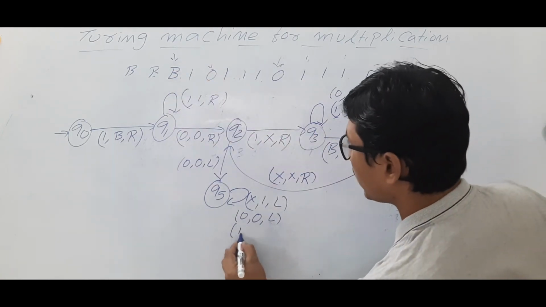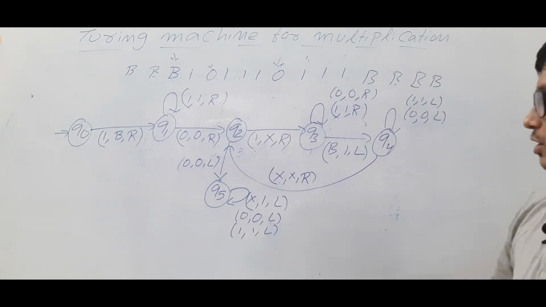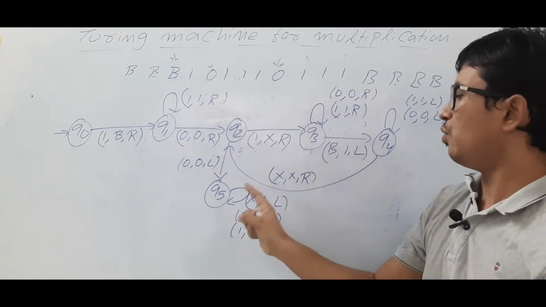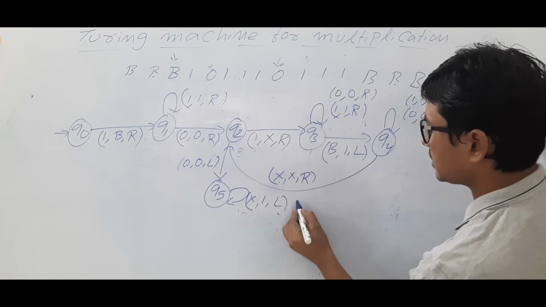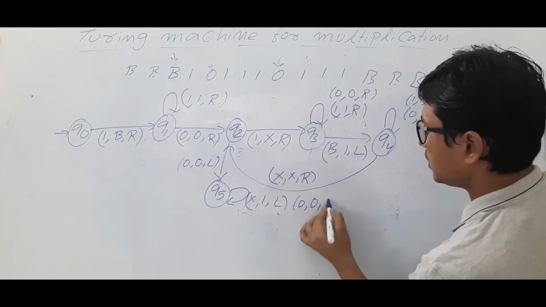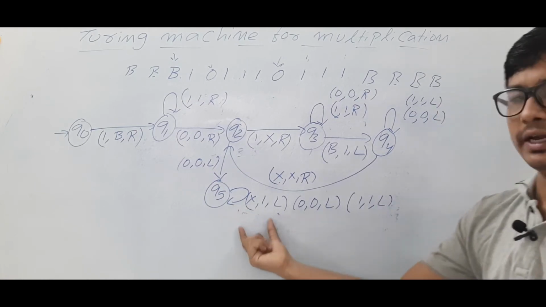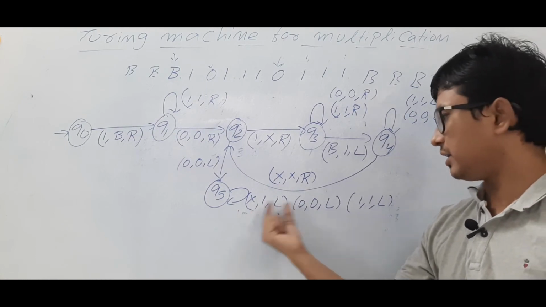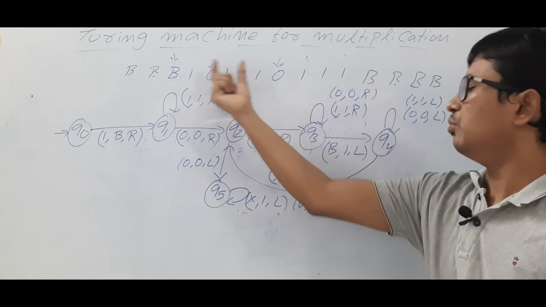If you get a 1, make it as 1, still move to the left. Are you able to understand? All these x's I have made into 1s and move to the left. In case it is not visible, I will write here 0, 0, L, 1, 1, L. So if it is x, I am modifying it as a 1, move to the left.